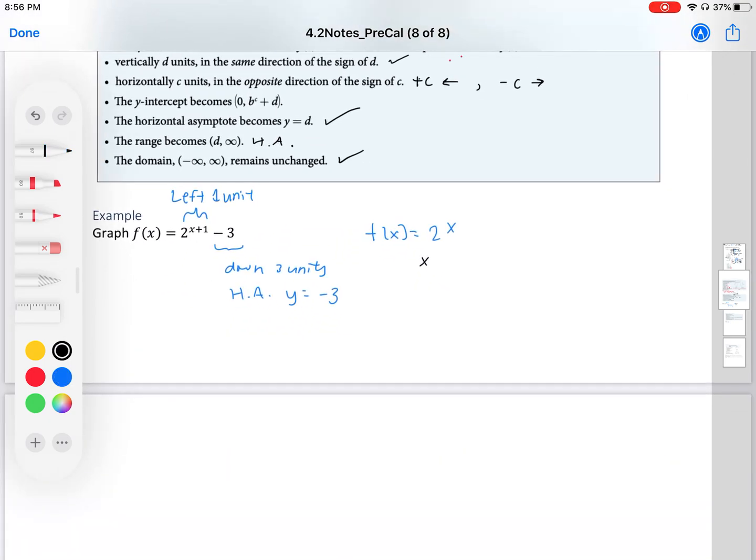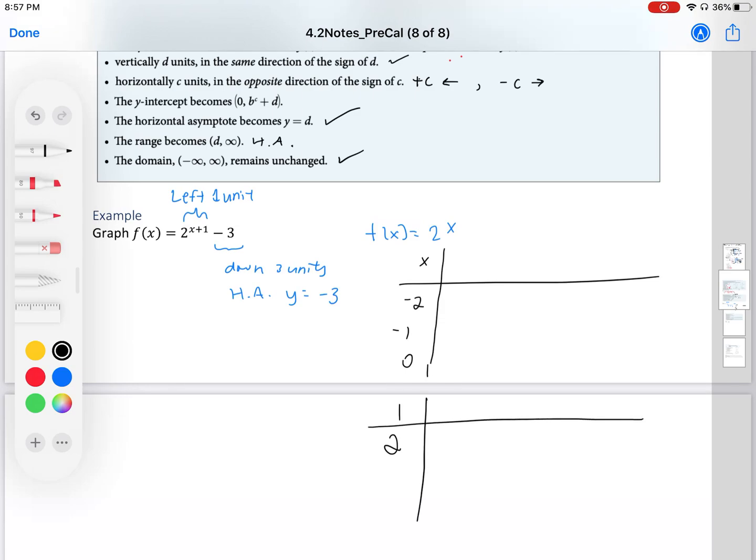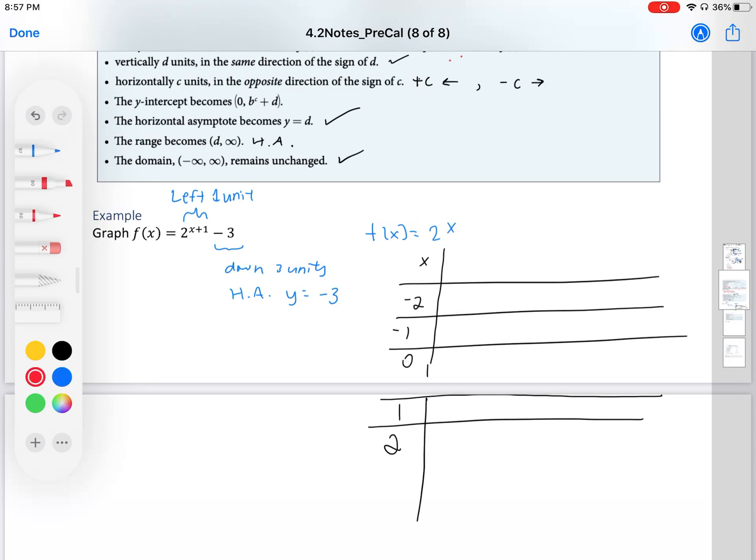So we have x values. Let's do -2, -1, 0, 1, and 2. All right, so we have our problem here.